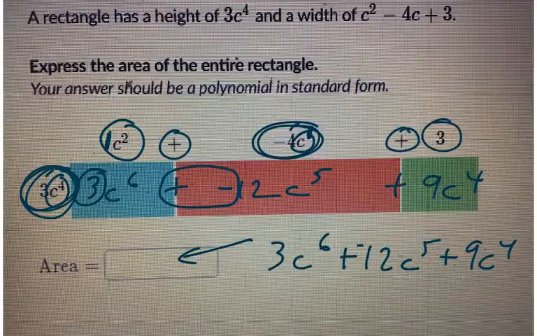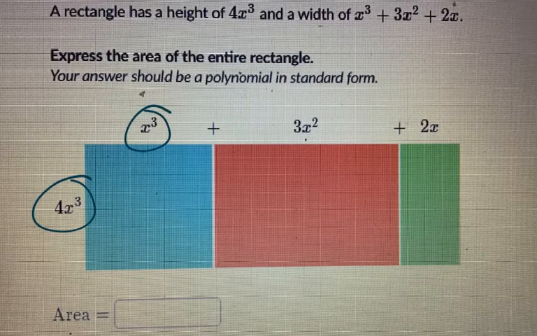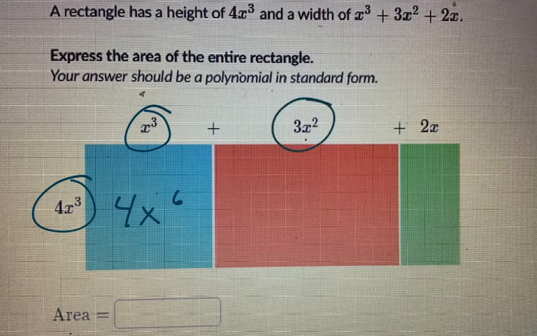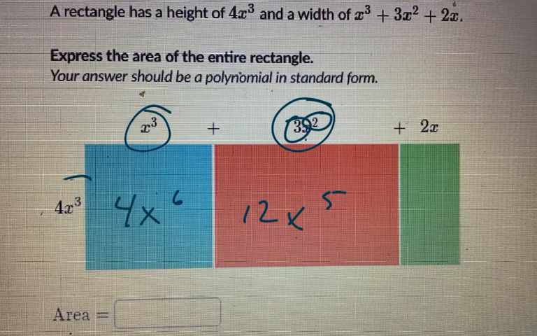All right, let's do one more together at least. 4x^3 times x^3 is 4x^6. 3x squared times 4x^3 is 12x^5. Again, 2 plus 3 is 5. 3 times 4 is 12. Clean that number up a little bit there.